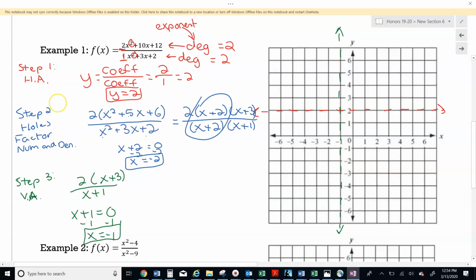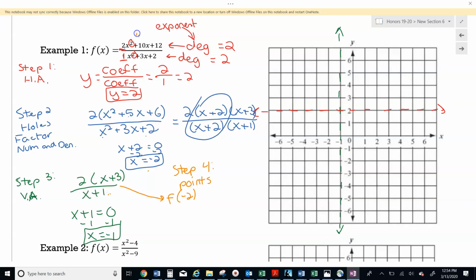Step 4 is still points. Okay, here's the special thing. One of your points has to be your hole. Okay, so the first thing I'm going to do is f of negative 2. I'm going to use this simplified function.